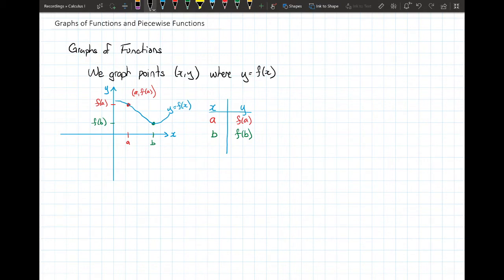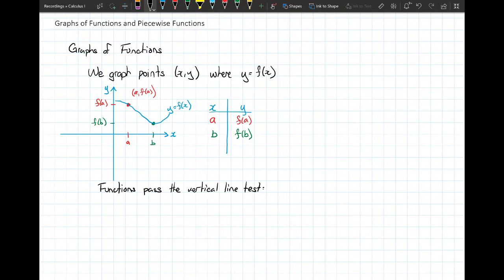Now, because of the definition of a function, you have a unique output in the range for each element in the domain. So you can never have 2 points, one above another. So functions pass what we call the vertical line test.